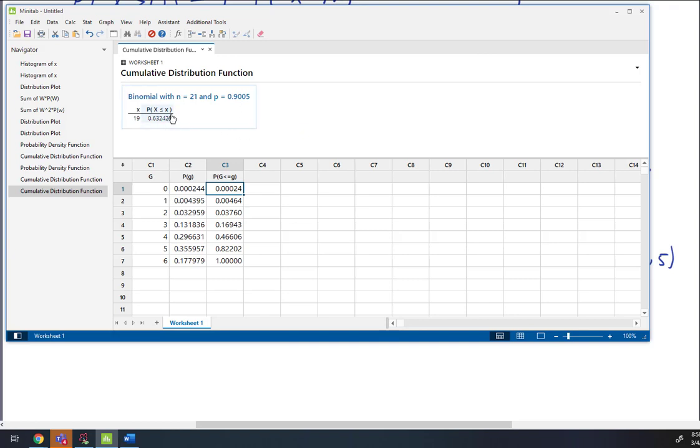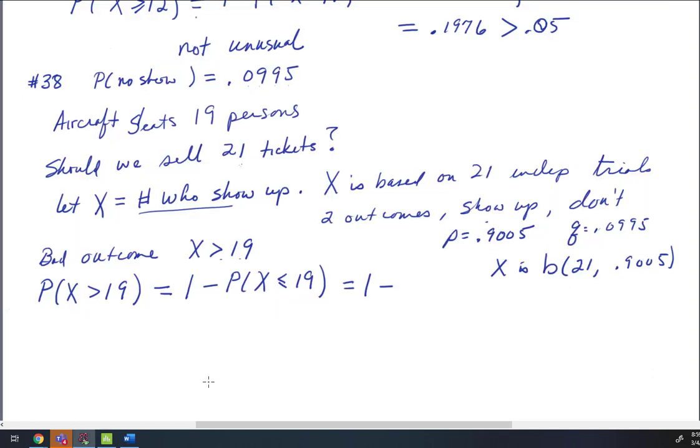So the probability that this X, binomial, N equal 21, P equal 0.9, is less than or equal to 19 is 0.6324. Let's take that knowledge back to the graphics tablet.